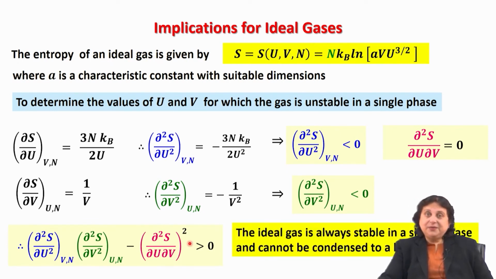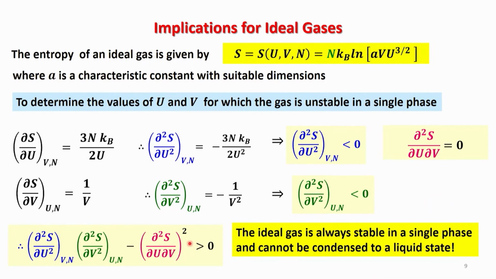And what does it tell me? If an ideal gas is described by the ideal gas equation and its internal energy is described as 3nkT/2 as per the equipartition theorem, then the ideal gas is always stable in a single phase and however much you cool it, it cannot be condensed to a liquid state.